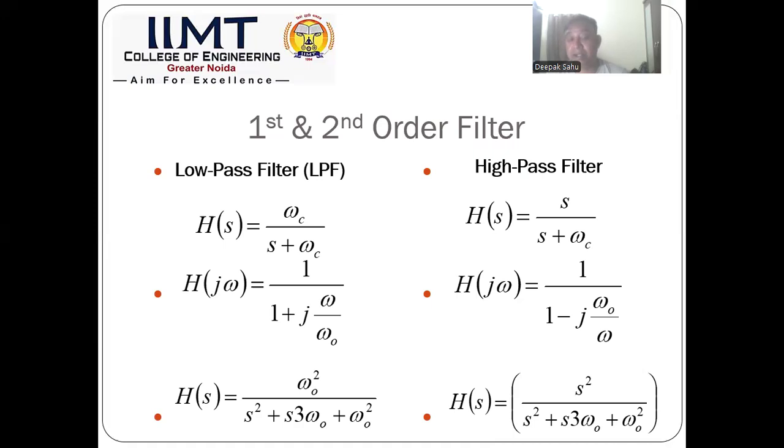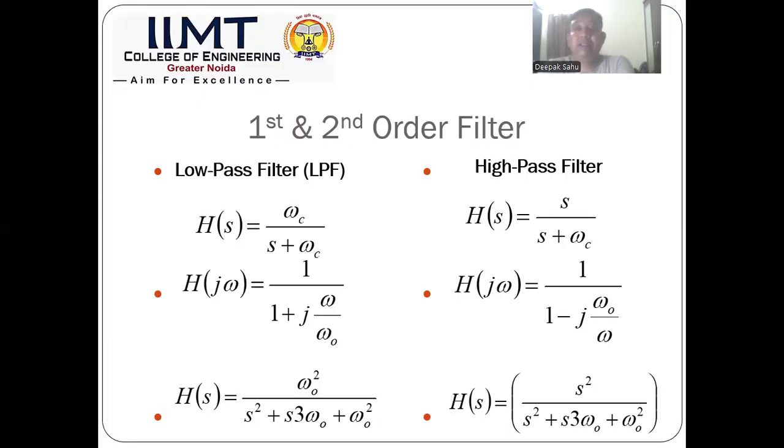Now, if we take the magnitude form, which is shown in the second point, where s is replaced with j omega, you can clearly see the difference in transfer function poles, which actually configures their frequency responses. And lastly, the full transfer function is shown for a second order system.